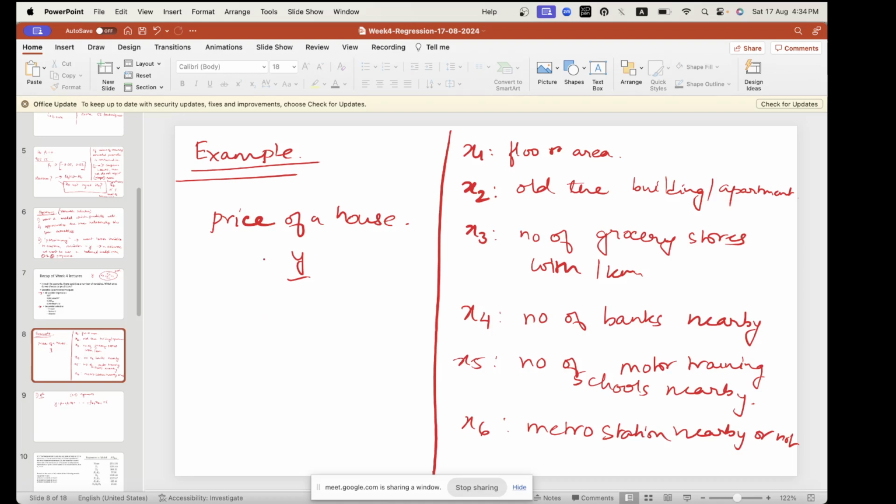We don't want that. So we want to select a subset, and then use that to predict y, so that if we are given the same variables in a different context, we are able to predict the value of a house more accurately.